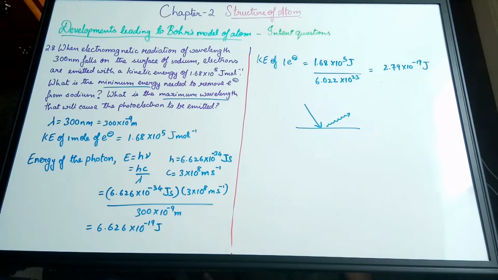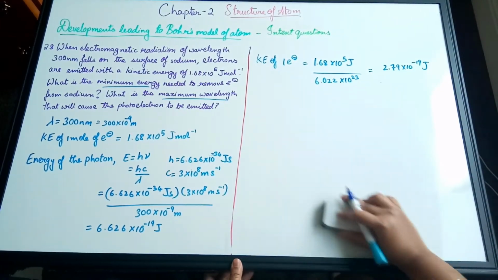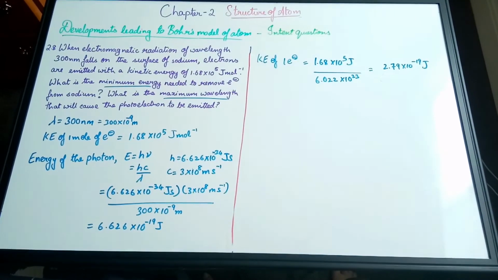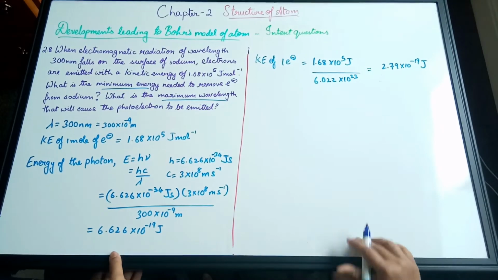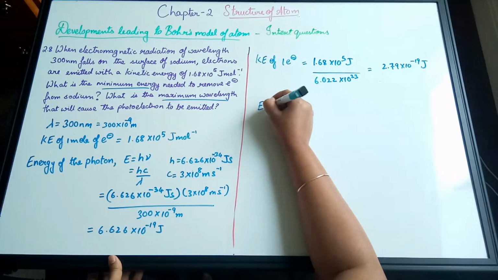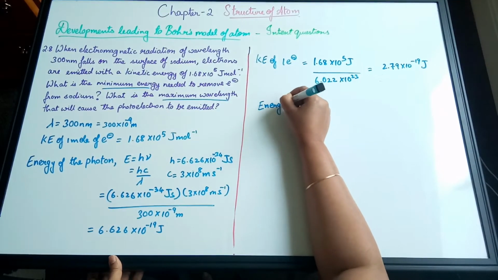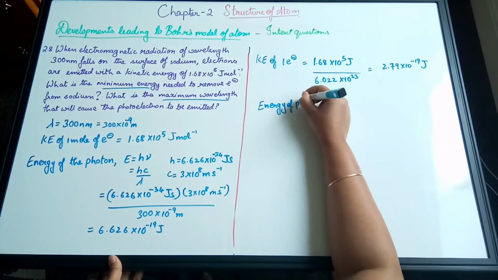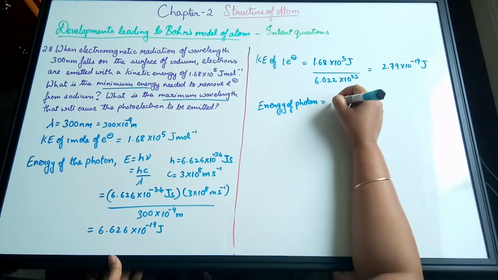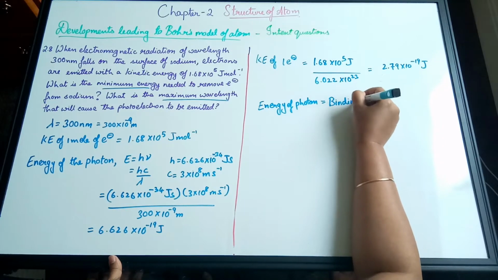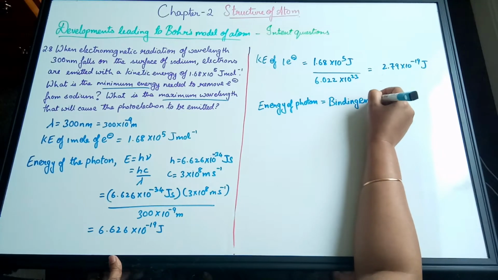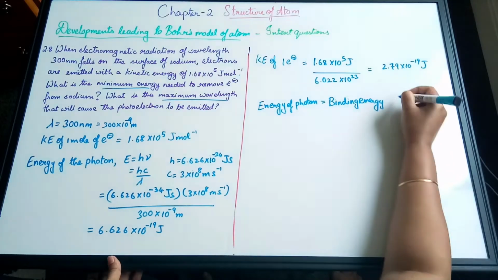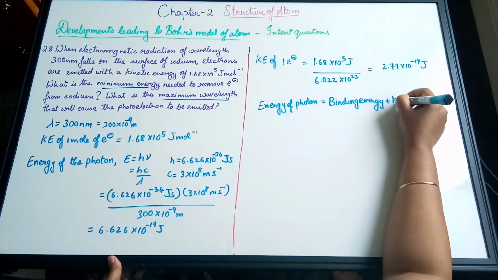So the total energy of the photon gets used up for the removal, that's the binding energy, or this is also called the minimum energy that is required, plus the kinetic energy.